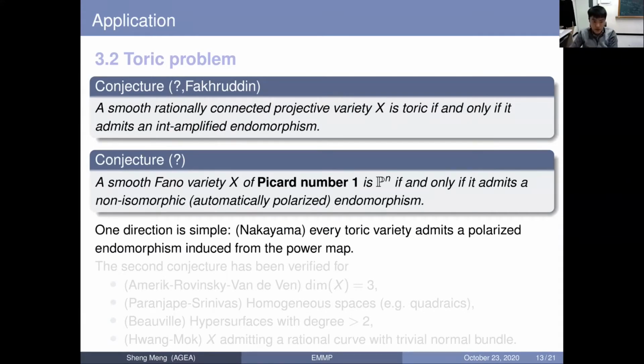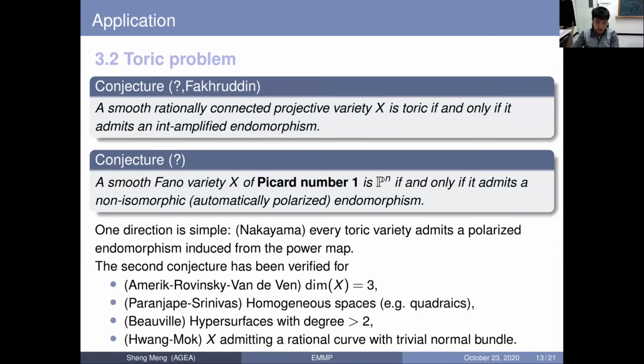One direction is simple, because every toric variety admits a polarized endomorphism, which is induced from the power map on the algebraic torus. The second conjecture has been verified for the following situations.